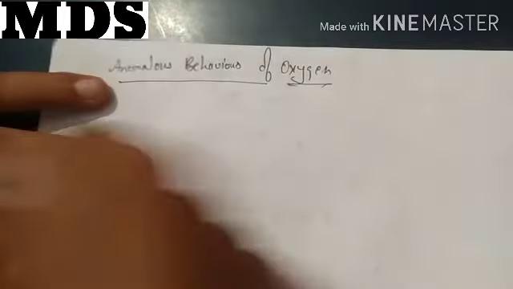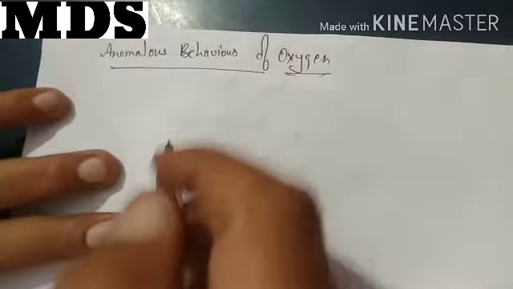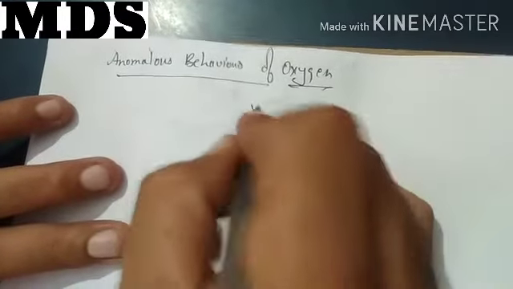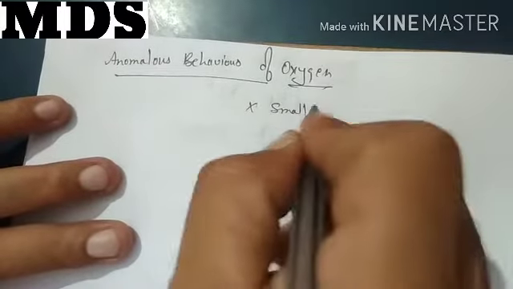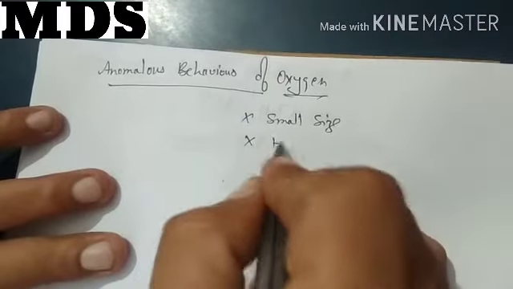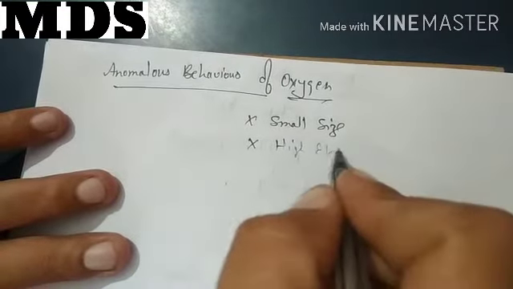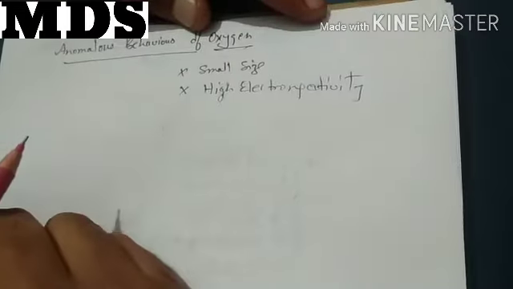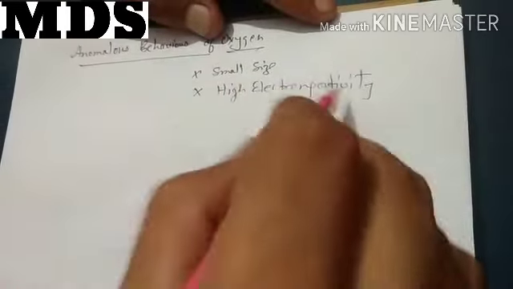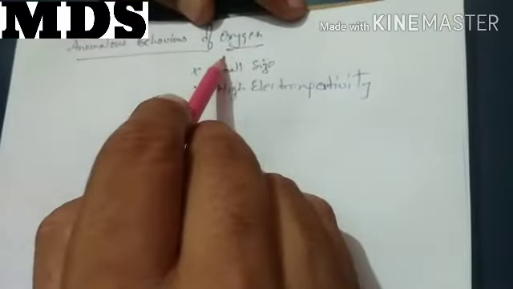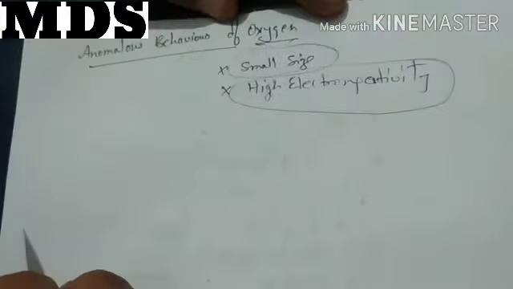And why there is always exceptional behavior of the second period element with the respective group element? Due to their small size. First thing. Second thing, high electronegativity. So the anomalous nature of oxygen is due to small size and due to high electronegativity.